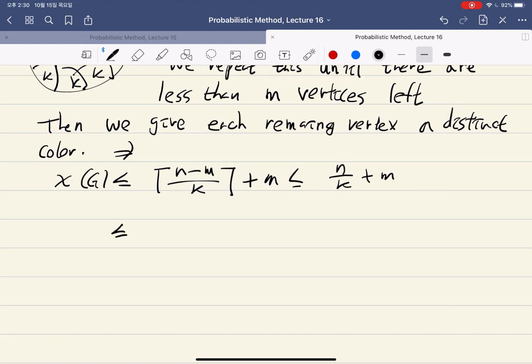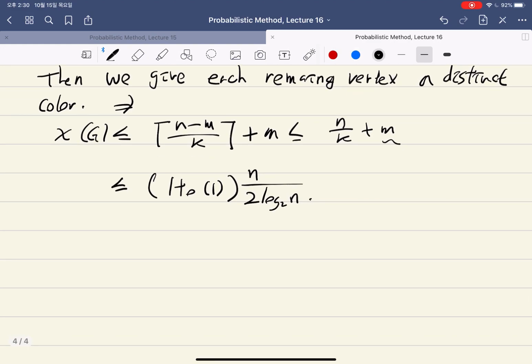And again, k is roughly 2 log n, and m is smaller than n over log n. So this is at most n over 2 log n times 1 plus some small term.